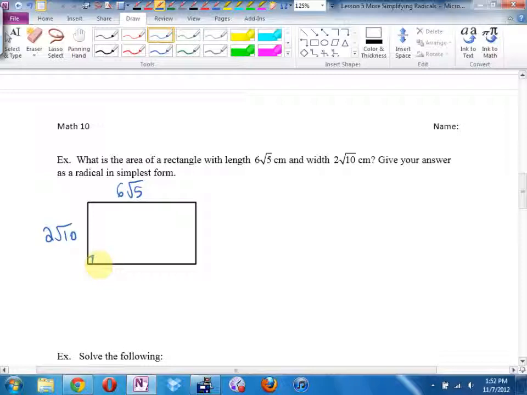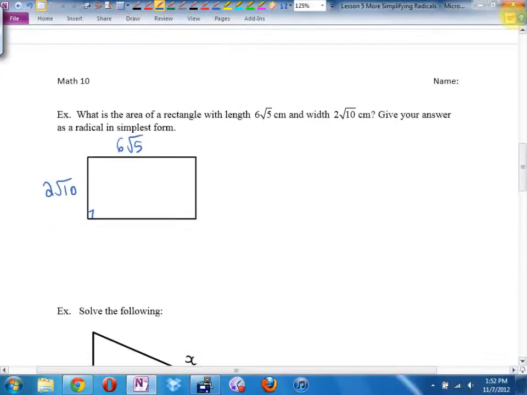How do you find the area of a rectangle? This you kind of need to know from grade 9 and 8 and stuff. How do you find the area of a rectangle? Area is length times width, LW.